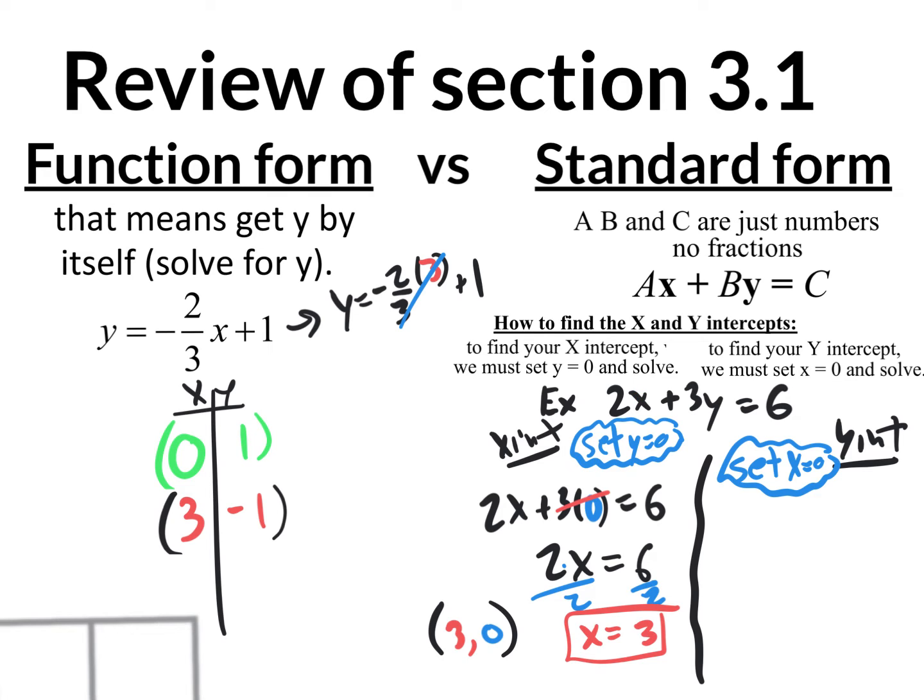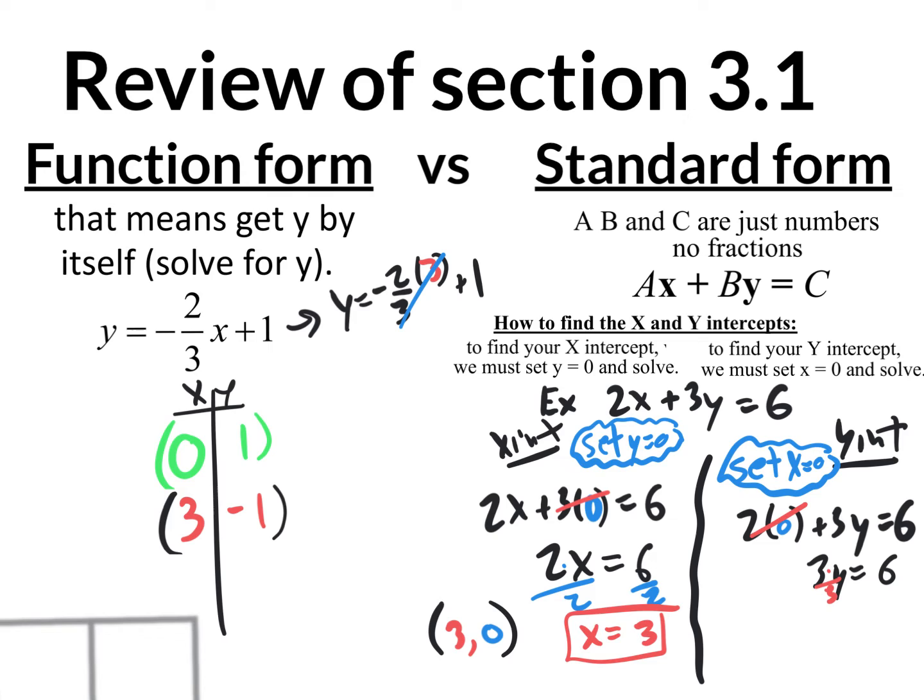So if you did set x equal to 0, it wouldn't read 2x. It would read 2 times 0 plus 3y equals 6. And of course, the 2 times 0 cancels out, and you end up with 3y equals 6. What do you do to solve that?